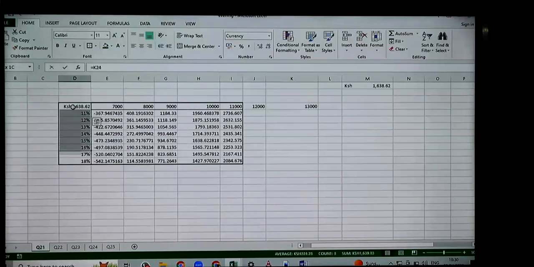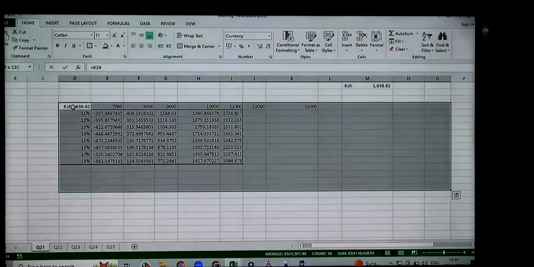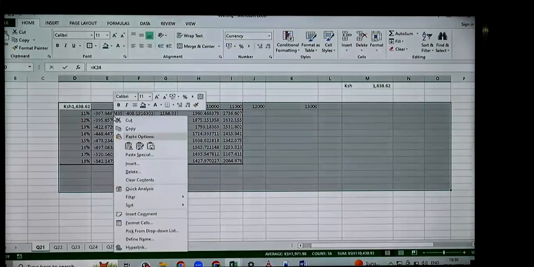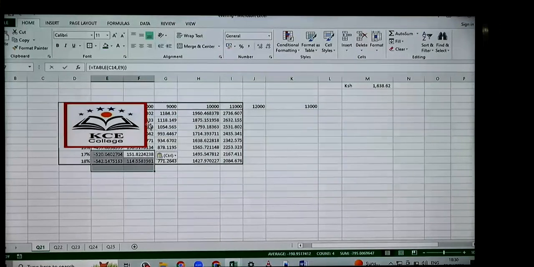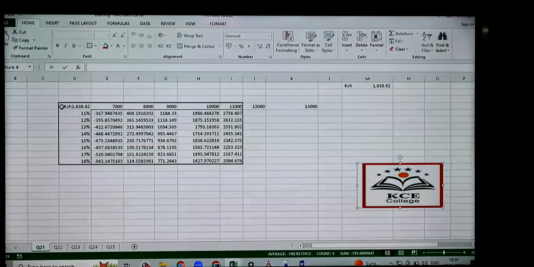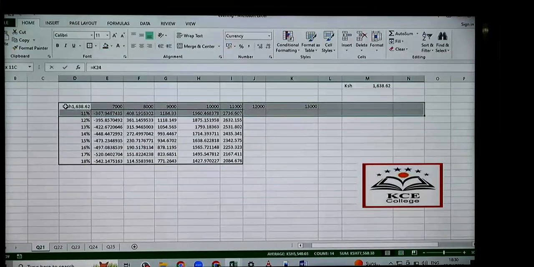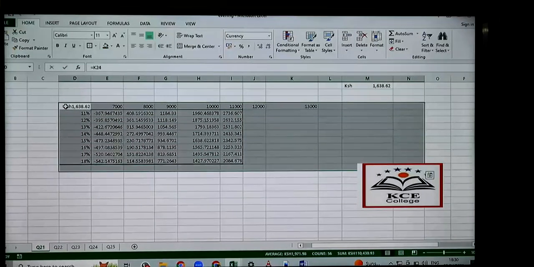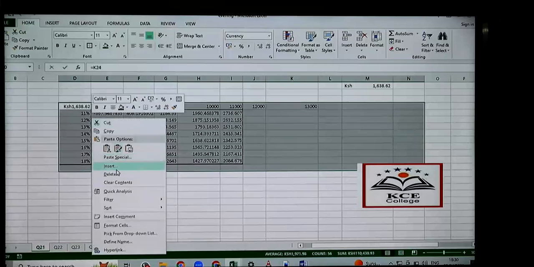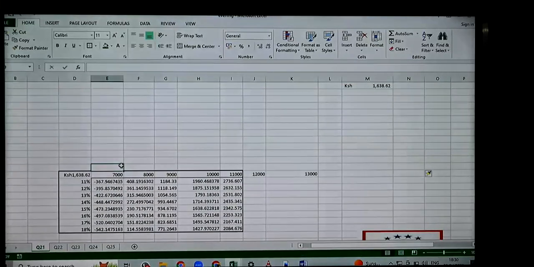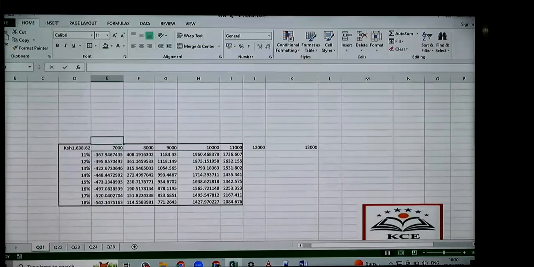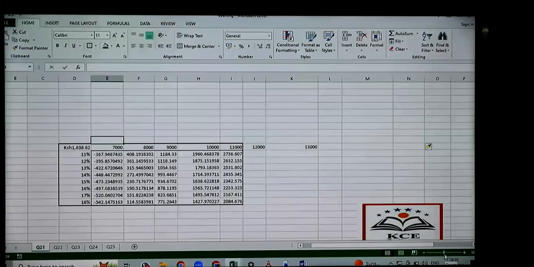Shift, then I clear the content. I don't know what's happening with this mouse. I don't know what's happening. Okay, let me try to maximize the screen first.